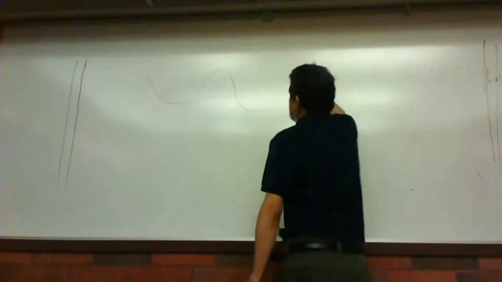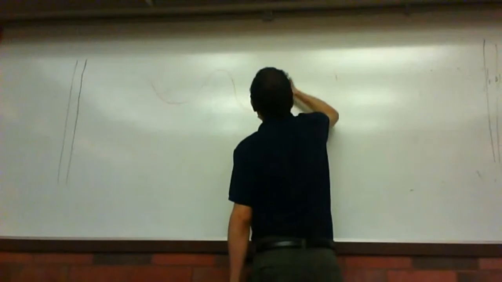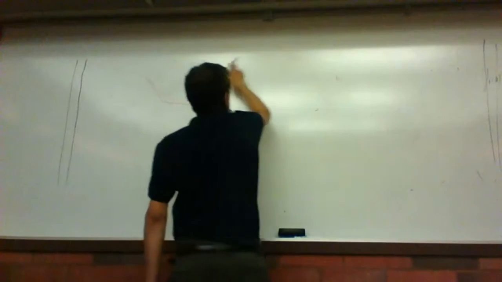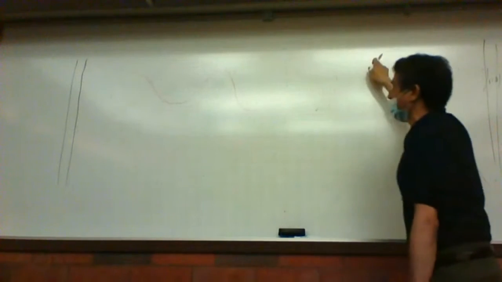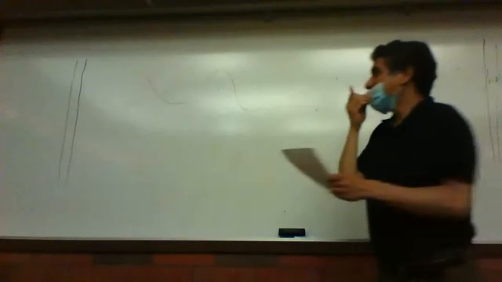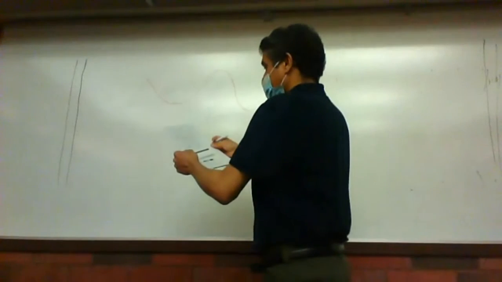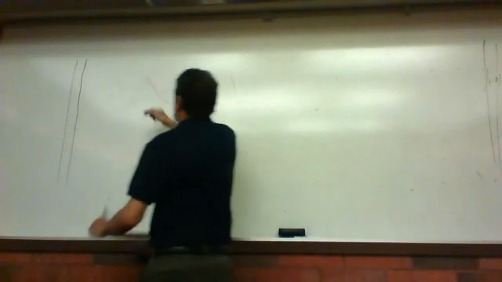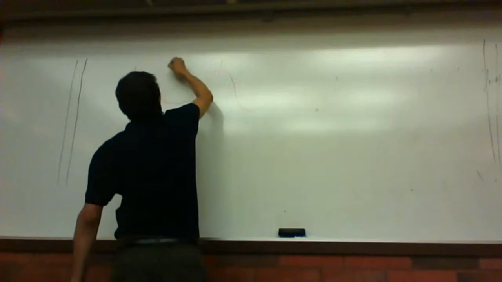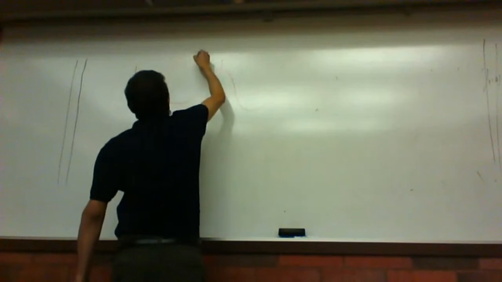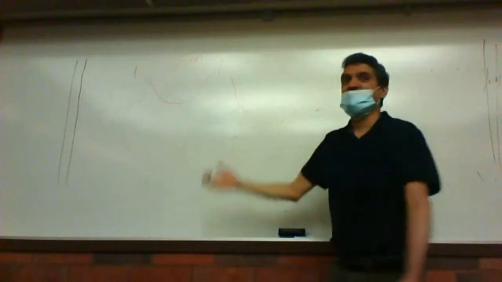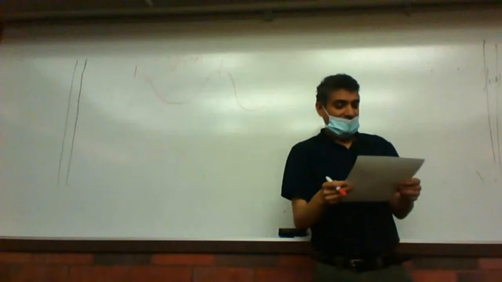Actually the distance between 2 peaks is always the same. The distance between this peak and this peak and this peak and another peak is always the same. That's the wavelength. So what is the wavelength of the red light? That is 665 nanometers. If you measure from here to here, it is 665 nanometers, or from here to here, that's also 665 nanometers.